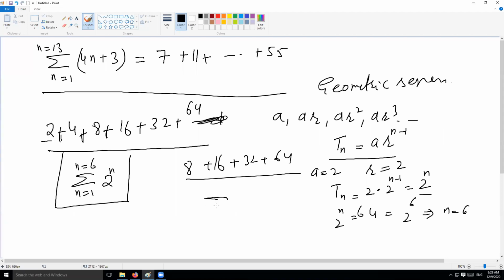Then you're going to say that this is a sum of 2 power n, where n starts from 3, because 2 power 3 gives you 8, and it goes up to 64. And what power of 2 gives me 64? I know that n equal to 6 gives me 64. So that's the way to do it. Are you getting the point?